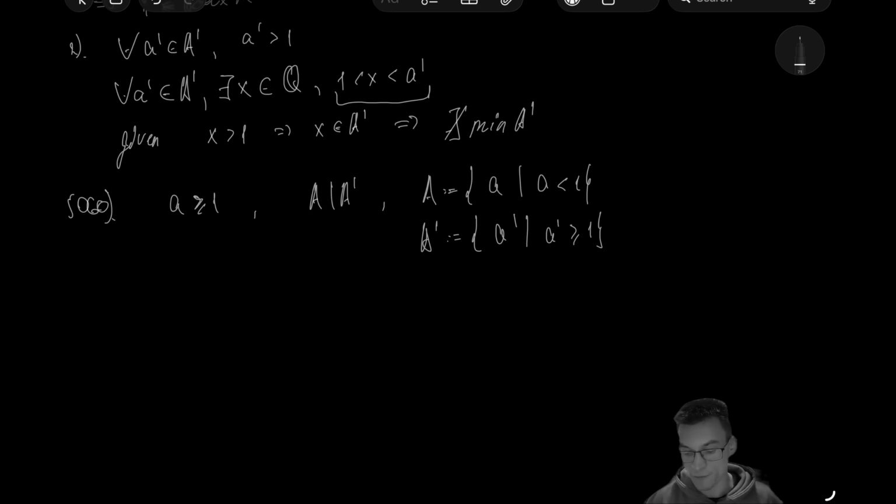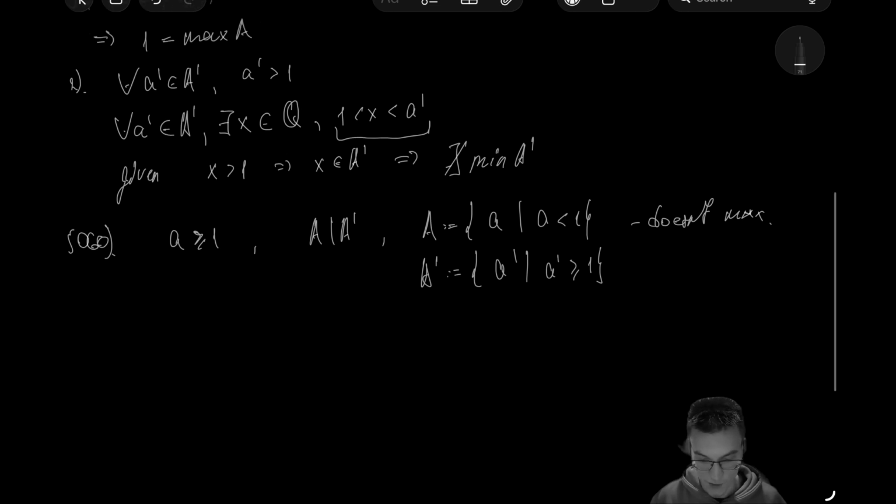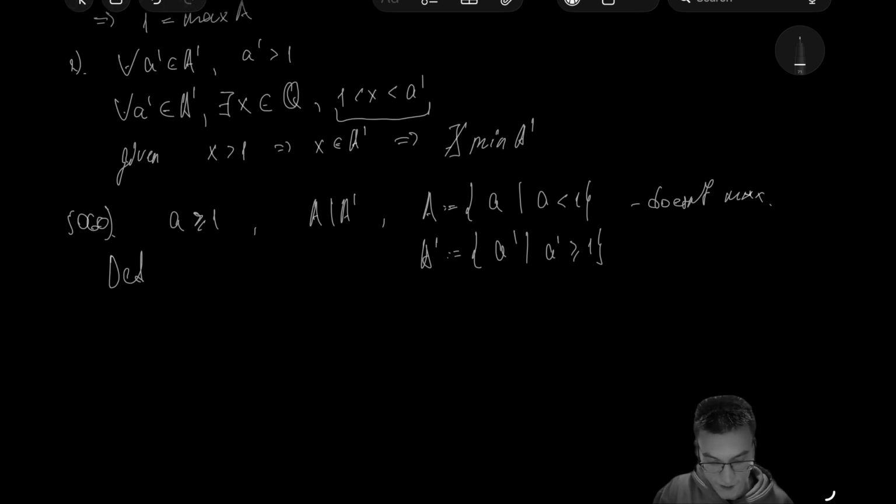Then we can show that a prime has a minimum number, and a doesn't have a maximum number, which is interesting. And this is also a cut. Its union equals the set of rational numbers. It is a cut over the rational numbers. So this is the Dedekind cut.